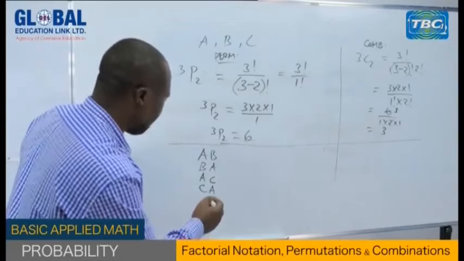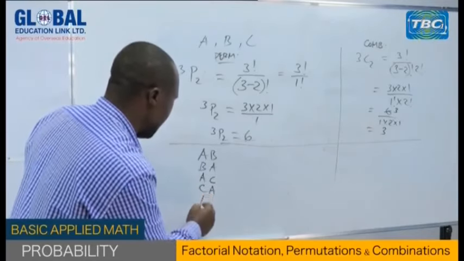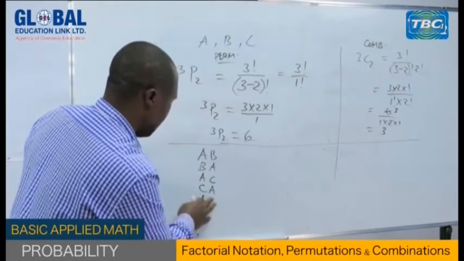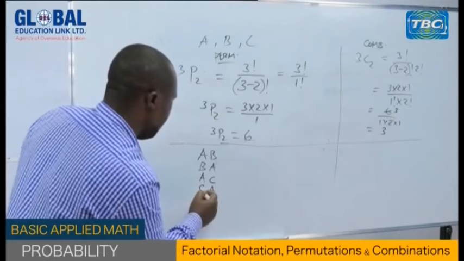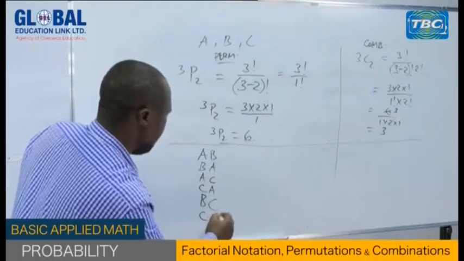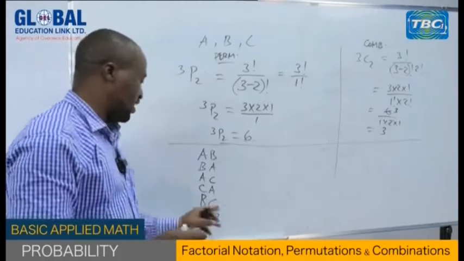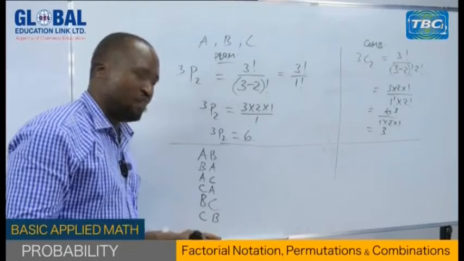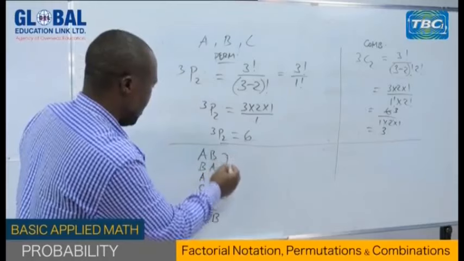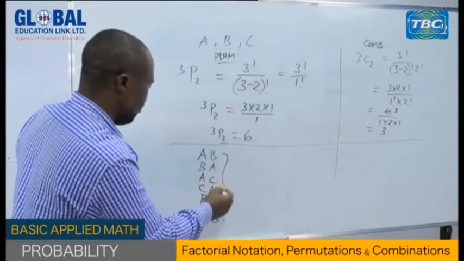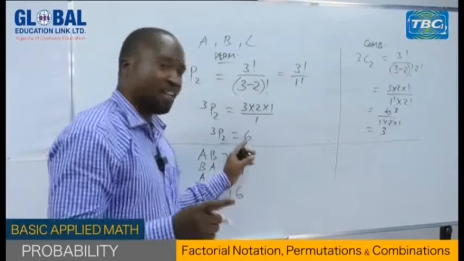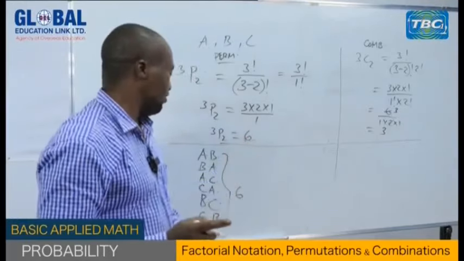And the last case, sorry, that is B, C, and C, B, because BC is not equal to CB. Now, try to count these items we have. We have 1, 2, 3, 4, 5, and 6, which is the same as the answer we got here.